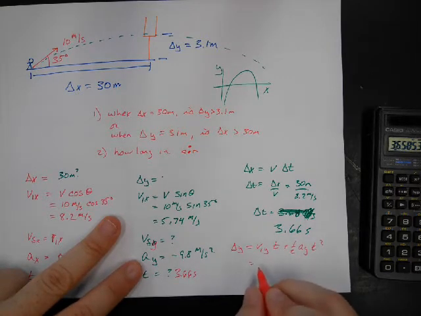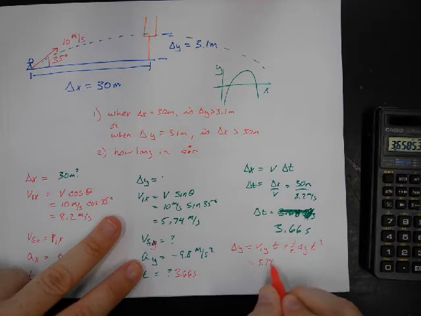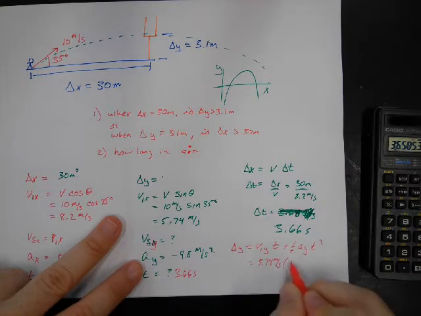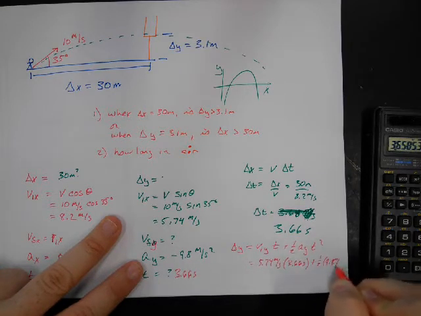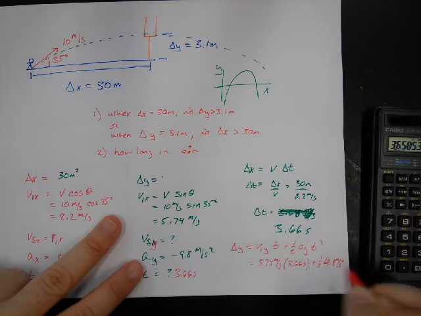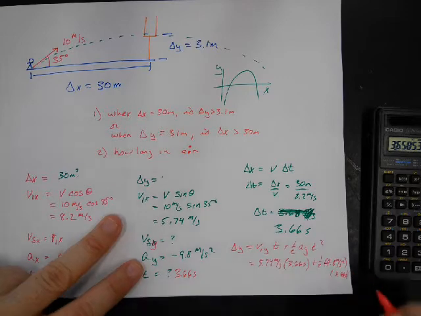And so we'll say 5.74 meters per second times 3.66 seconds plus 1/2 negative 9.8 meters per second squared times 3.66 seconds squared. Let me rewrite that.